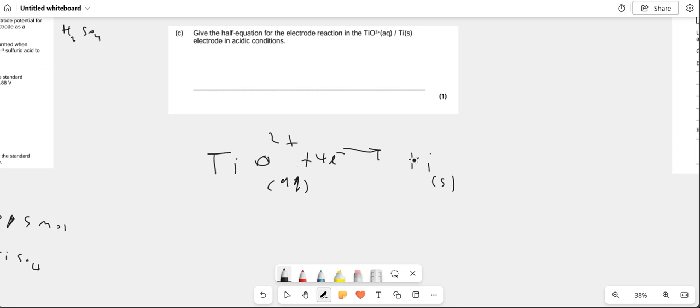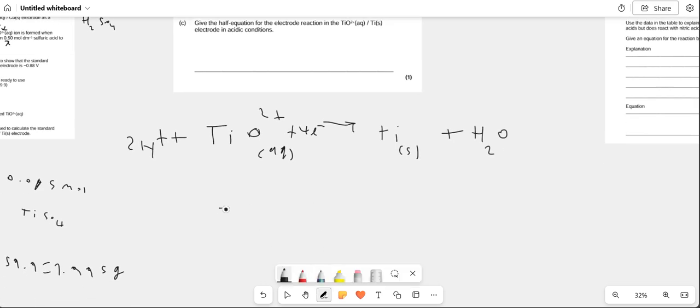So what I mean by this is the next step here would obviously be to balance the oxygens using H2O. So you've got one oxygen on the left hand side, so you need to add one H2O on the right hand side. That's how you balance ionic equations. And then because you've got two hydrogens now on the right hand side, you need to add two hydrogens to the left, 2H+ to the left. And now you could have balanced it and you'll get 4e- if you don't want to balance electrons at the beginning.